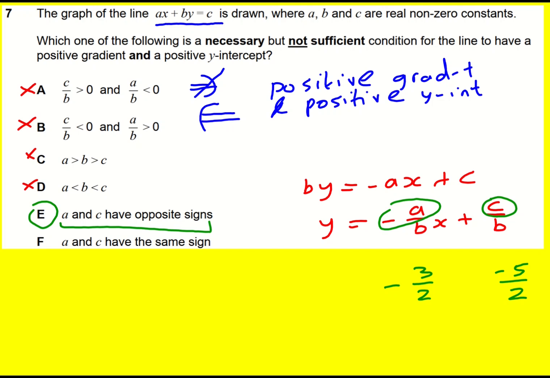Then actually we'd be getting a negative gradient and a negative y-intercept. So them having opposite signs does not imply it. Whereas if B was minus 2, then we would. But definitely the left-hand side is not implying the right-hand side, but the right-hand side is implying the left-hand side. It's a bit subtle, but I'm hoping this is making sense. Our answer is E.